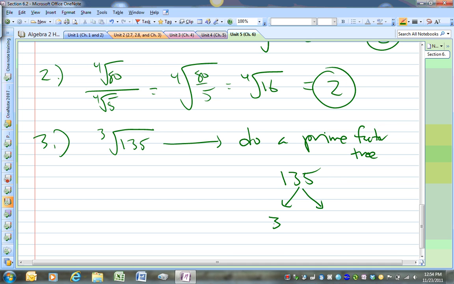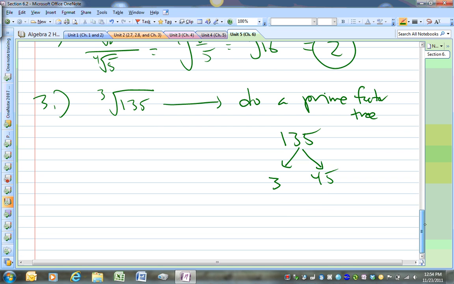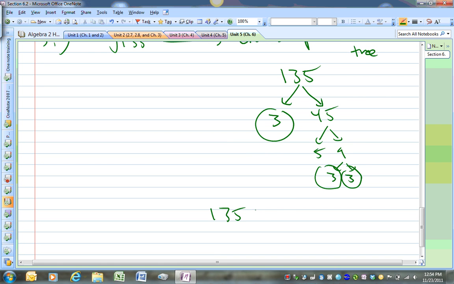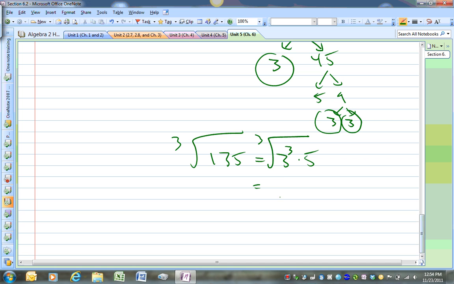So you have 3 and 45, and you have 5 and 9, and 9 breaks apart as 3 and 3. So if you think about it, 135 equals 3 to the 3 power times 5. So then when you cube root it, we can break it apart as the cube root of 3 cubed times the cube root of 5, which is 3 cube root of 5.